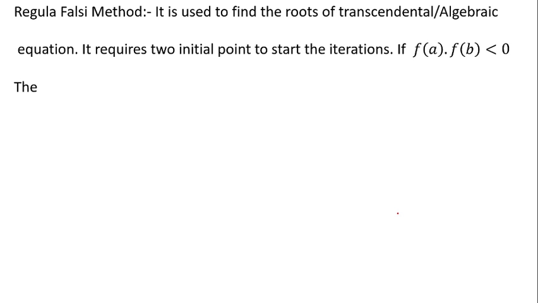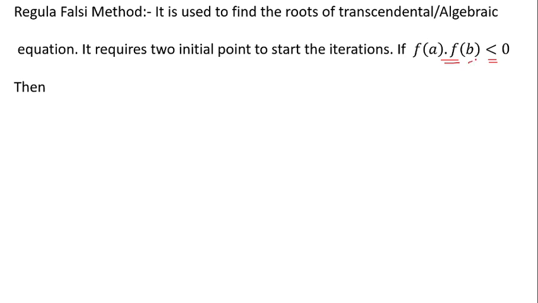It requires two initial points to start the iteration, and f of a into f of b should be negative. Since this is the regula falsi method, we require two initial points, a and b, and the condition on a and b is that f of a into f of b should be negative, otherwise you will not get the root.